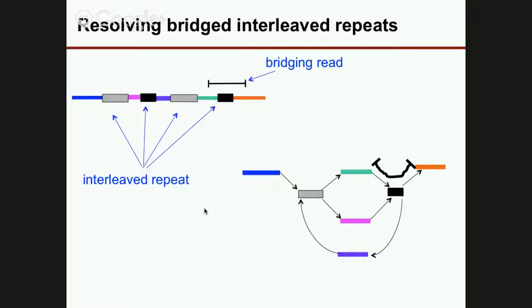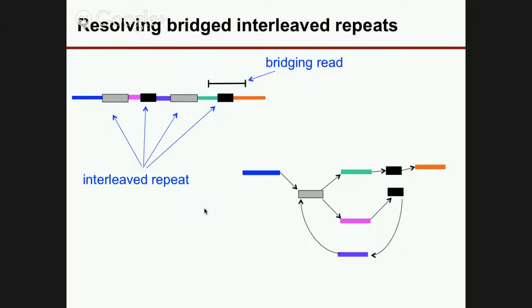Now this read bridges from the green to the light brown. So I also know that it must span this edge and then go to this edge. And it's not like this path, right? So now with this information, I can further simplify this graph to get a unique solution. How?